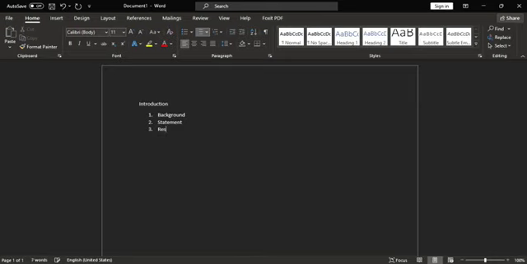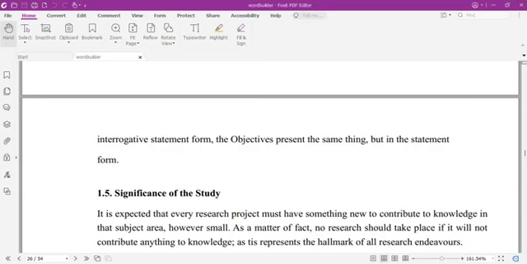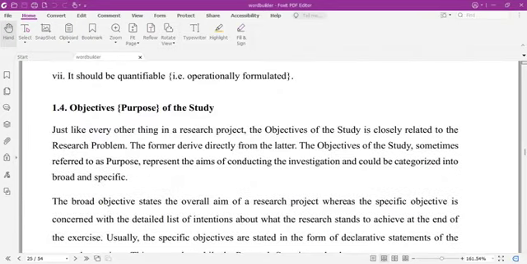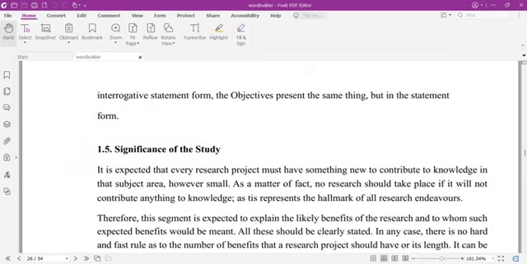And research question. This is just to help cast your mind back so that it will help you to follow up. Now, the next one is objective. We talked of objectives and then significance of the study.